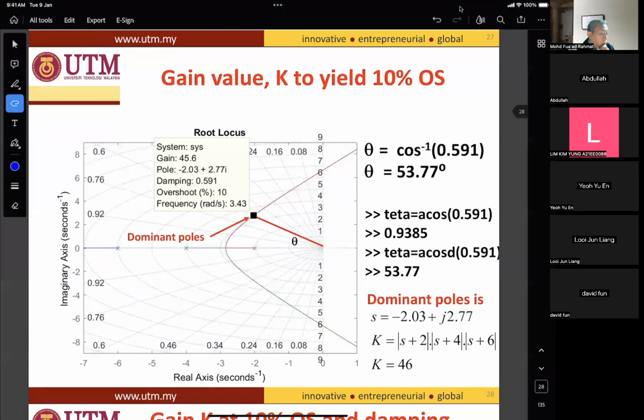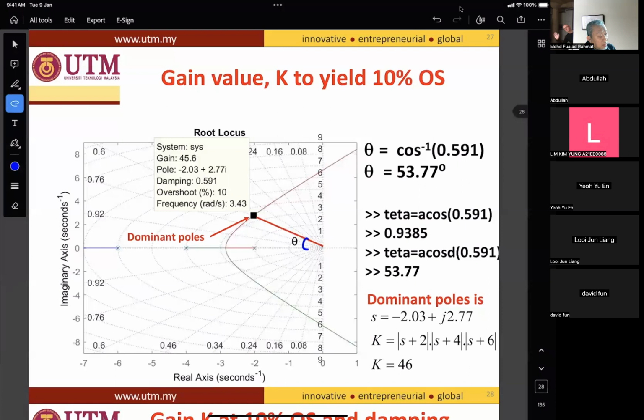From the overshoot, you get zeta, and then from zeta 0.591, you will get theta, the angle. So this angle is 53.77 from inverse cos. And use your protractor, and then you draw the line here to get theta.